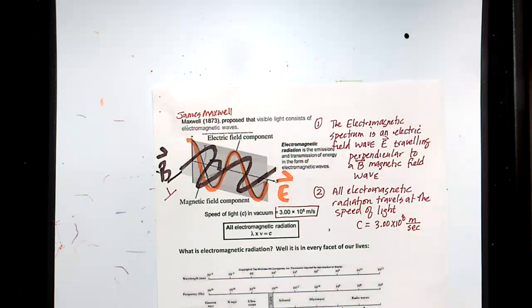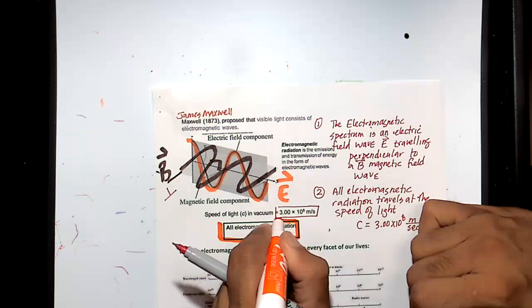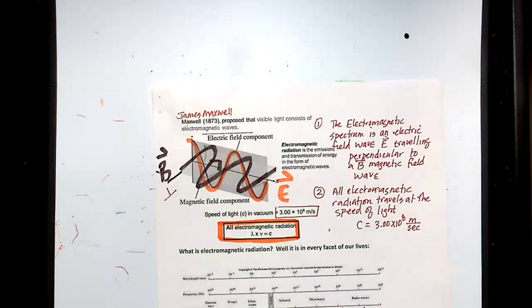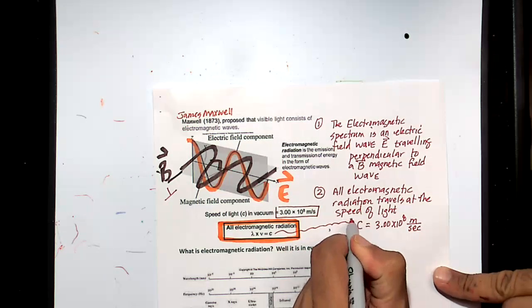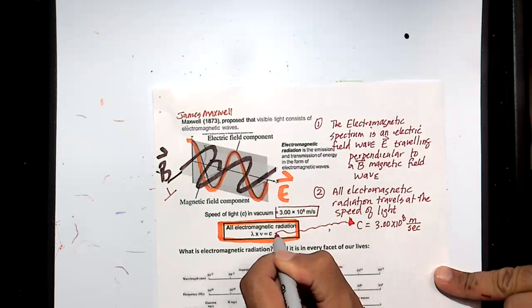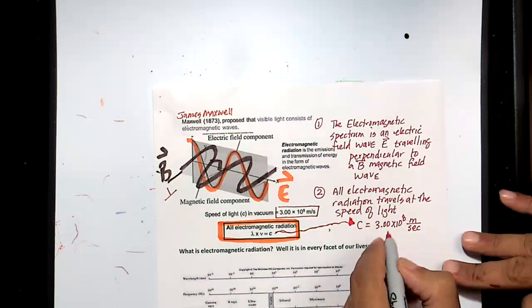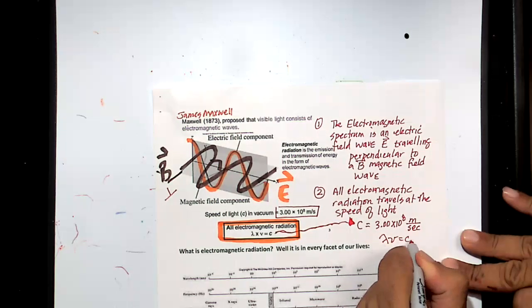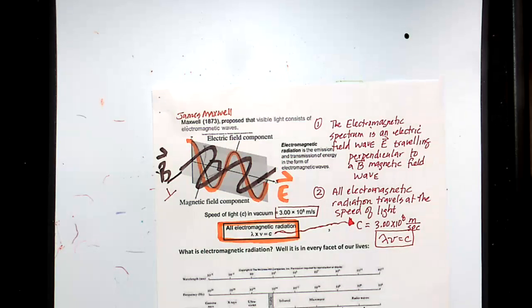So we get this equation here, where the wavelength of electromagnetic radiation times the frequency of that electromagnetic radiation equals C, which is the speed of light. So two important points here.